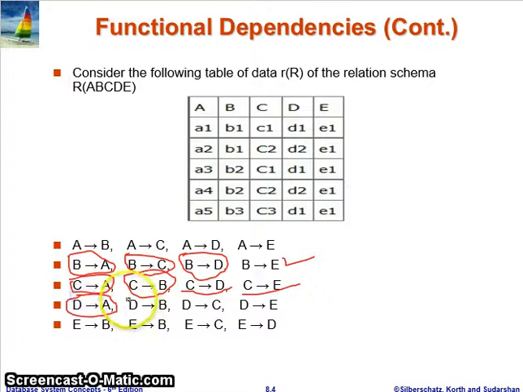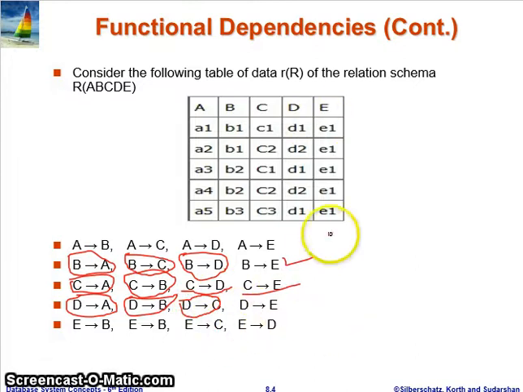Check D to B: this D1 corresponds to B1 and this D1 to B2, which is not the same, so it does not hold. D to C: this D1 is C1, this D1 is also C1, and this D1 is C3, which is not the same, so this FD does not hold in this relation.